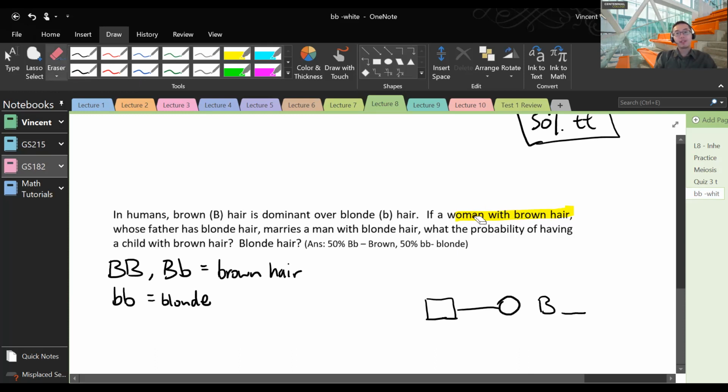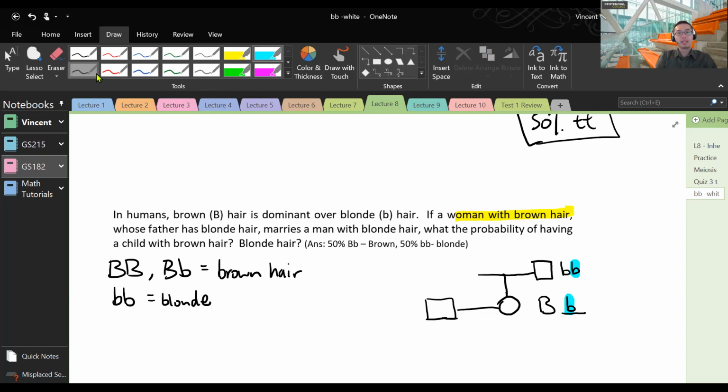However, this woman with the brown hair has a father who has blonde hair. So we go up one generation. Her father has blonde hair, so small b, which tells us that she must be big B, small b. Because her father is small b, then it's guaranteed he's going to be passing that on to the woman, right?